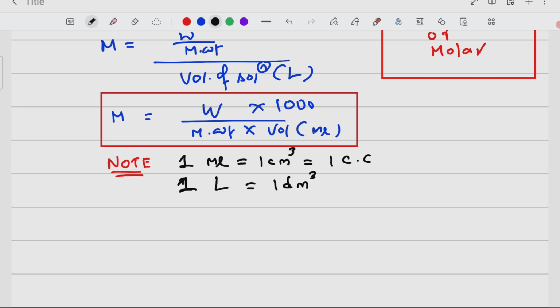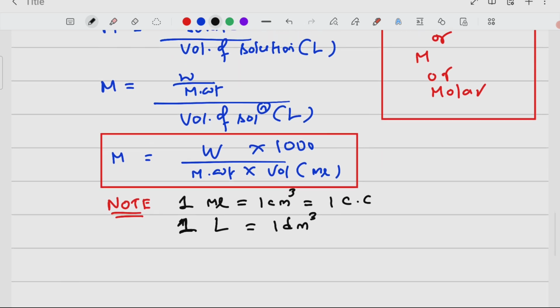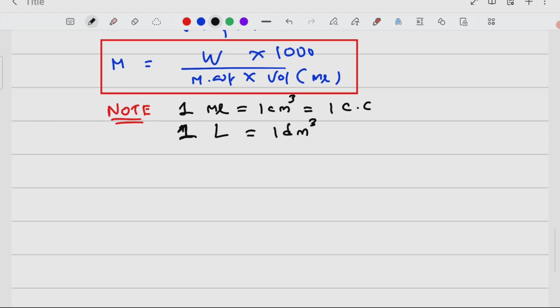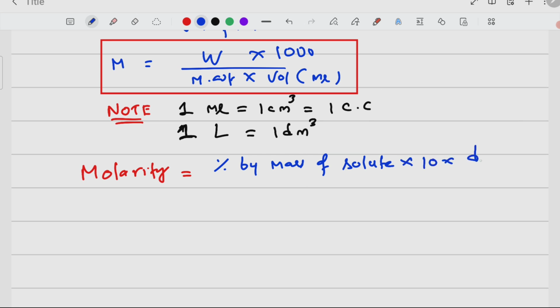Next, there is one more related formula. You can specify molarity like this, in terms of percentage by mass of solute. Just now we discussed weight by weight.